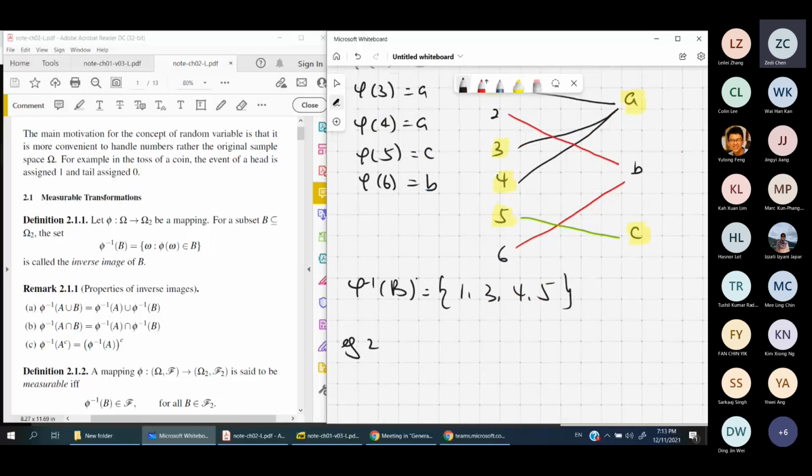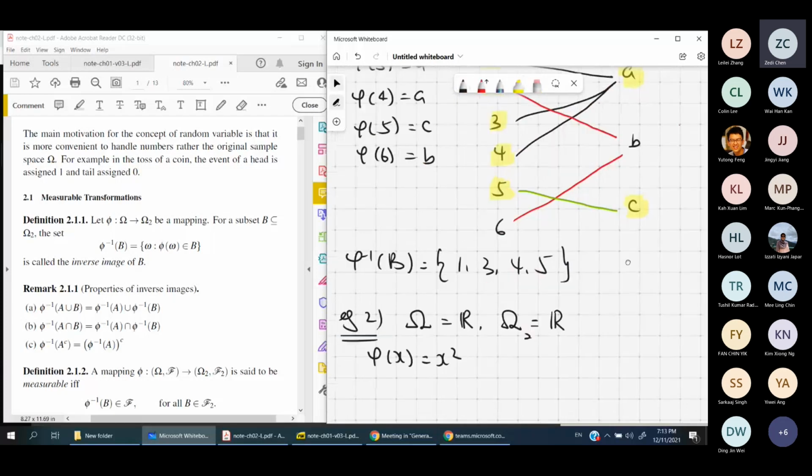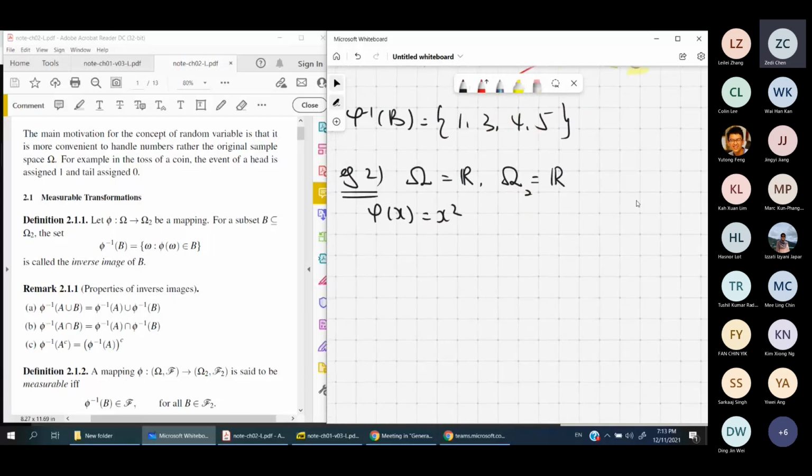Let's look at another example. Omega is R, omega 2 is R again, and we look at the function phi of x equals x squared. Case number 1: B1 is the interval from 4 to 9.